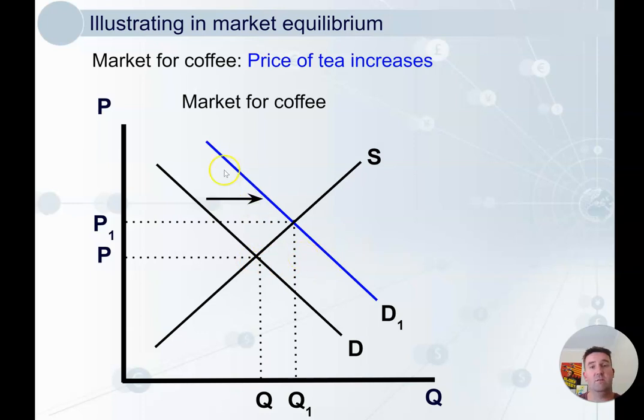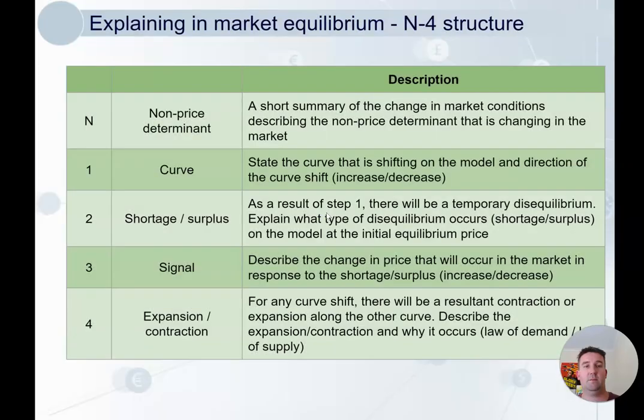So we've got a shortage. So that's what we're explaining there. And then what signal does that give to the seller? Does that signal them to raise their price or to lower their price? That's what we want to describe. So we're describing what happens to the price.